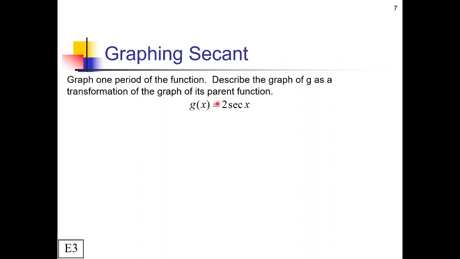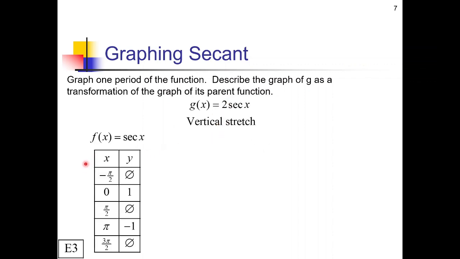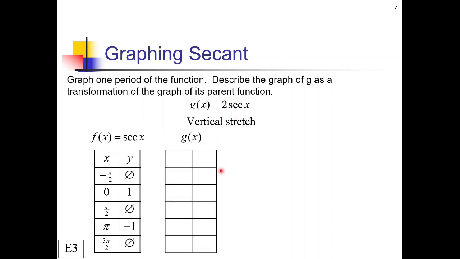All right, so this 2 out here means we have a vertical stretch. Here's our parent table for secant, going from negative pi over 2 to 3 pi over 2. Again, that's a period of 2 pi there. And looks like we've also got the y values to go with it. Now for the transformation, the x is staying the same because there's nothing happening inside.